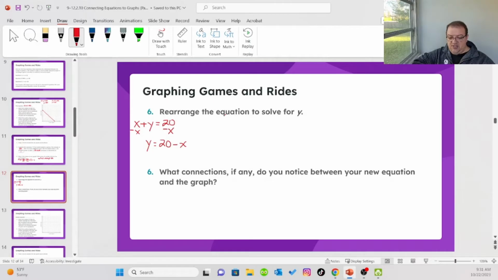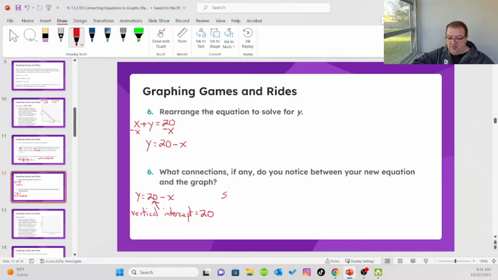What connections, if any, do you notice between your new equation and the graph? So if we think about our new equation, we said that our vertical intercept was 20. And we see that right here.